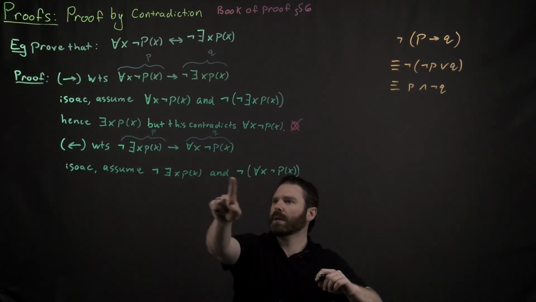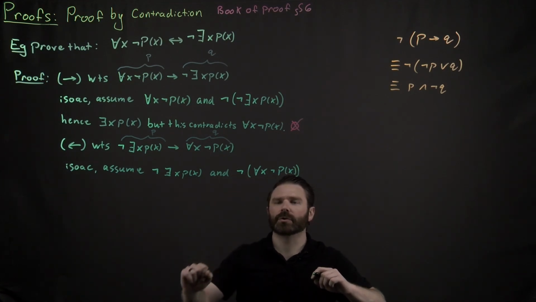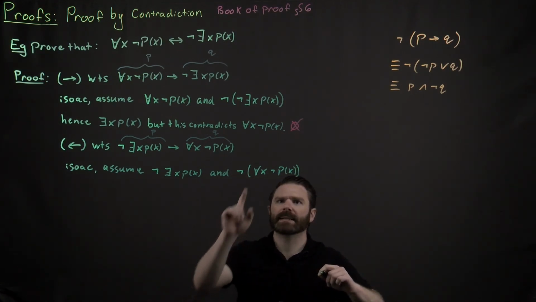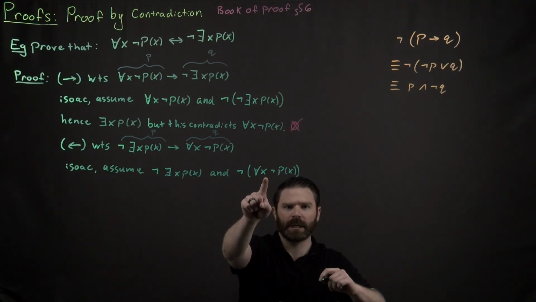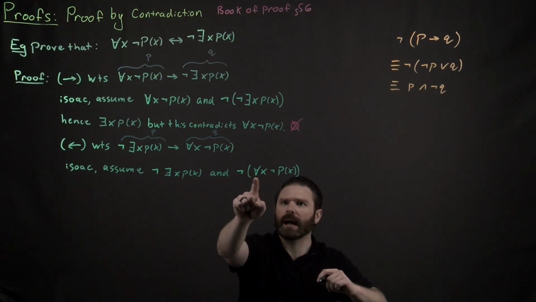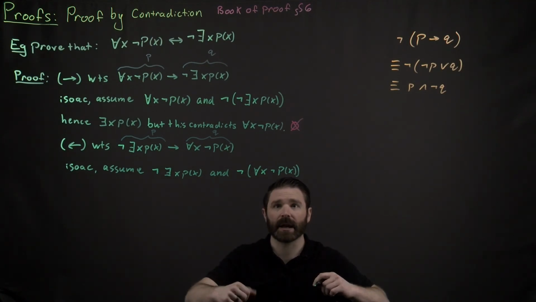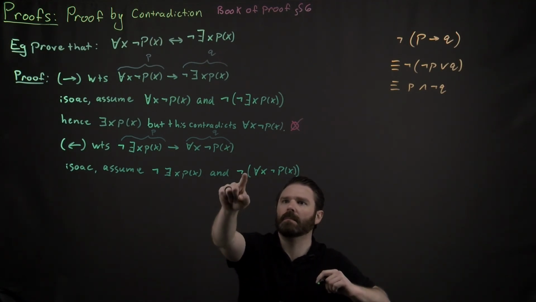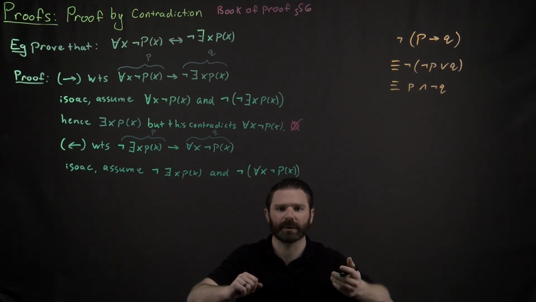So, I've assumed both of these are true, and let's take this one. So if I take this one, I notice that I can simplify this, because I already know how my quantifiers and my logical operators interact with each other.